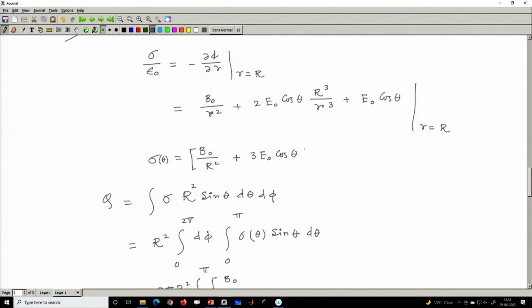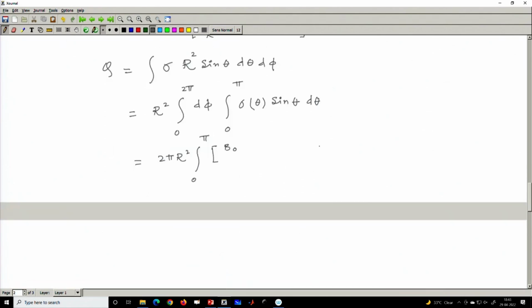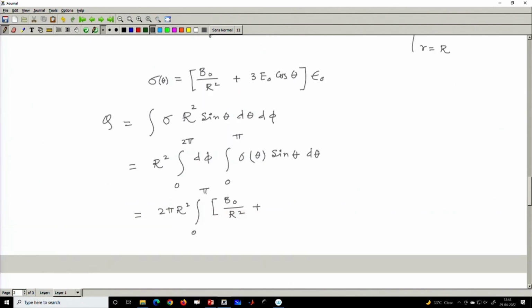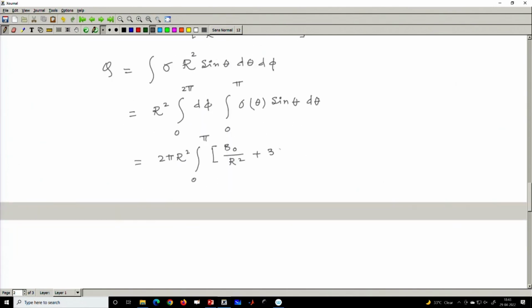So sigma has to be this multiplied by epsilon 0: b0 divided by r square, and then plus 3 E0 cos theta, and then I have one epsilon 0 multiplication here and then sin theta d theta.